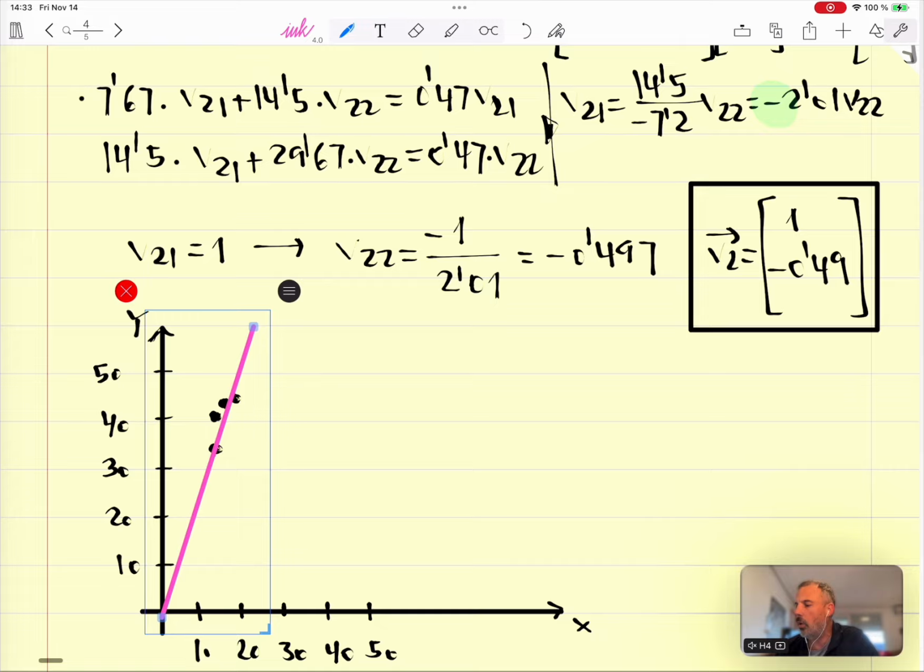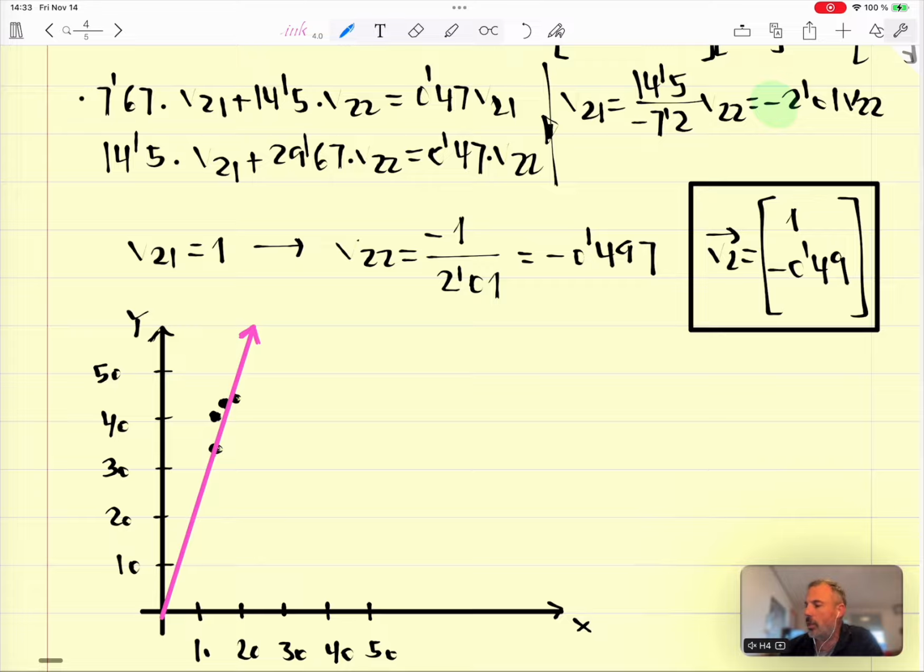Oh, magic. Okay, so it moves 10 in one direction and then 20 in the other. 1 to 2.04. And like magic, you see, this direction is exactly the main direction in which the data have been moving.